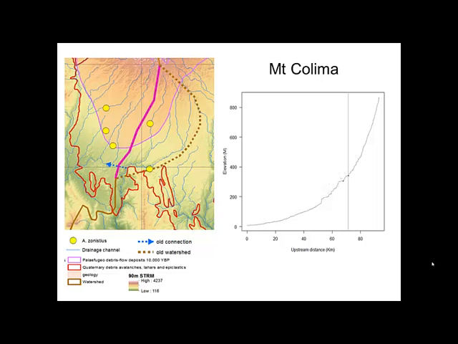Notice that two of the observations of this species are on this side of the watershed, and all the others are on this side, and indeed there are observations of this species elsewhere in this watershed. So these are the only two observations just over the watershed in this basin.